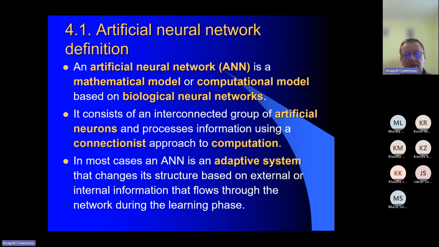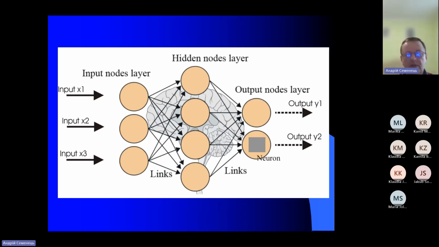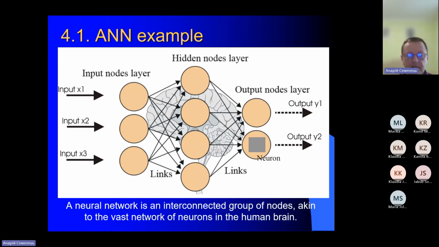It consists of an interconnection of artificial neurons and processes information using a connectionist approach to computation. As a result, it's an adaptive system that changes its structure based on external information flowing through the network during the learning phase.